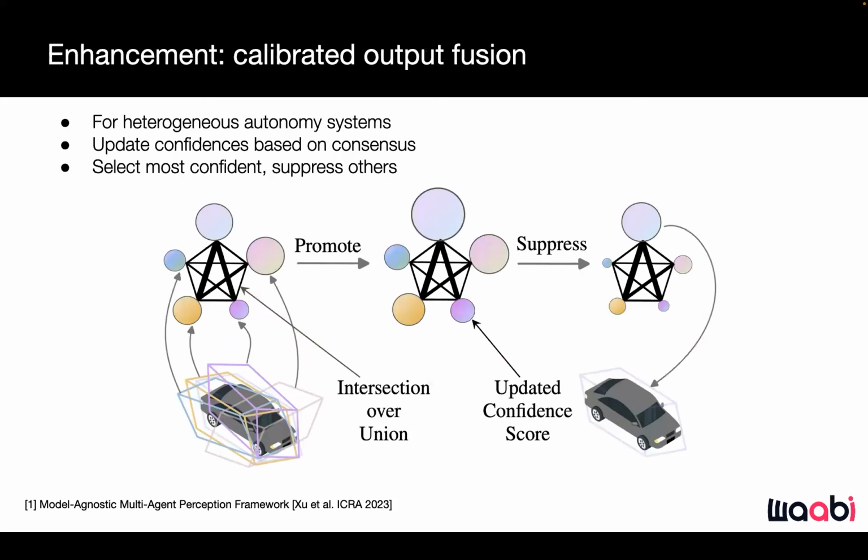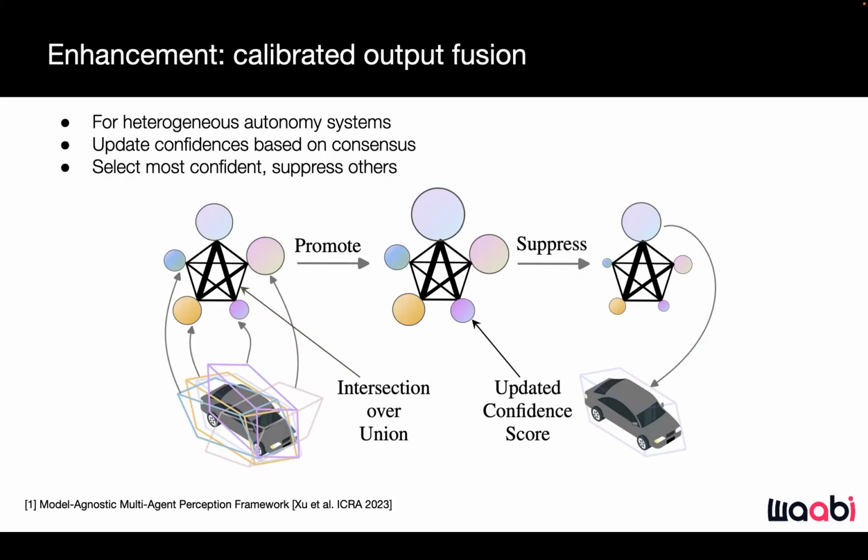And the other thing I mentioned for output fusion was that you can have a standardized format of detection bounding boxes that all the companies produce, that you can share between the different vehicles for vehicle-to-vehicle communication. In this particular work, they handle one of the caveats with that, which is that different perception networks might output different types of confidences associated with those bounding boxes.